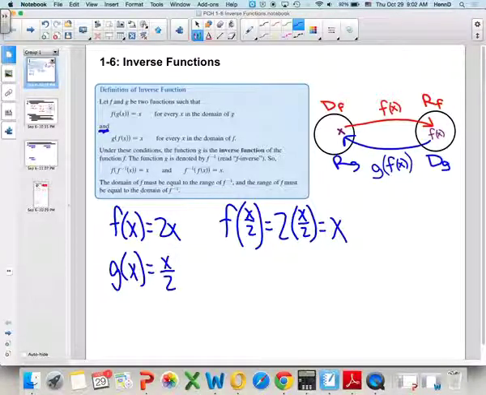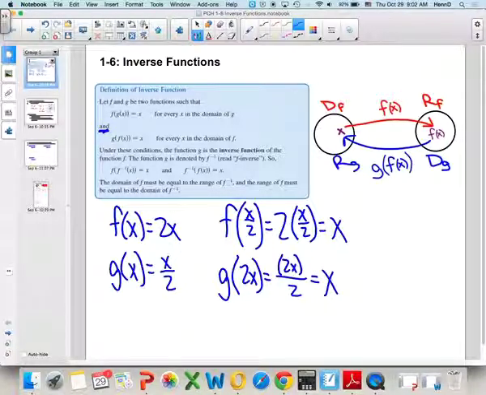If I did g of f of x, well, f of x is 2x, and g of x is x over 2, so I have 2x over 2. And what does that equal? x. So guess what? We just proved that the function 2x and the function x over 2 are inverses, because when we compose them together in either order, we end up with x.